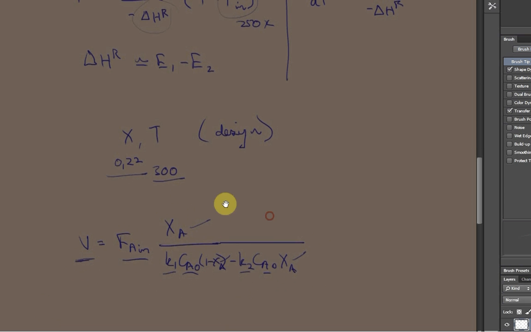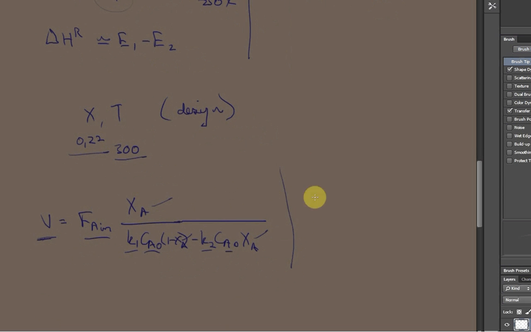And maybe let's rewrite this in this form. So V equals FA in XA over RA. You see here, when RA is bigger, so when the net rate of consumption of A is large, then to achieve a fixed conversion, we need a small reactor volume. So once more, if this is a large number and this is a fixed number, then this is a small number.